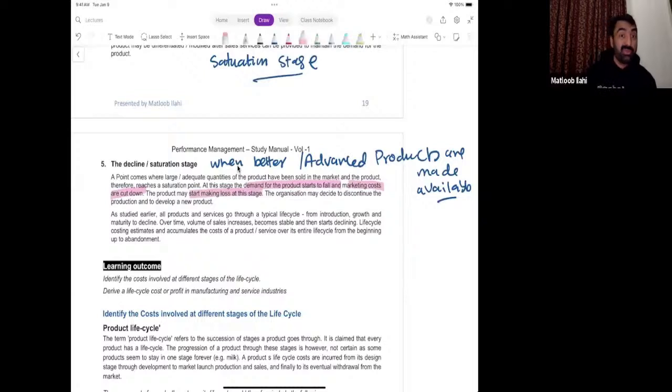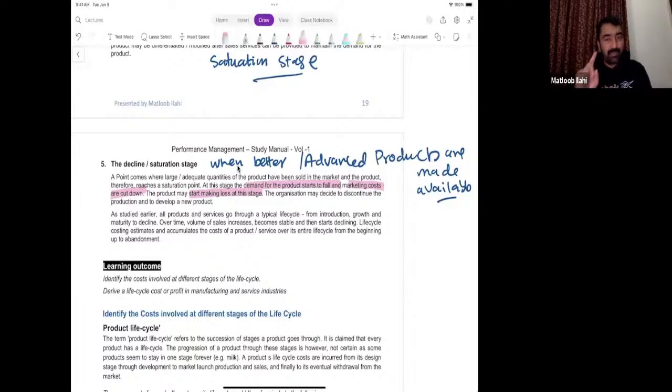Yes, it is also possible because now the competition has become so intense that it's even difficult to maintain the existing sale demand level. So it is possible that the business or the brand may start selling the product at the lowest price, so low that it would be difficult to cover cost as well.